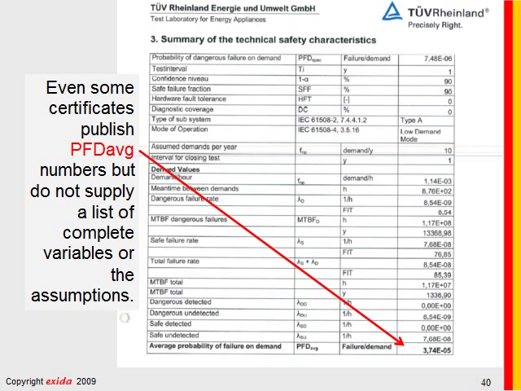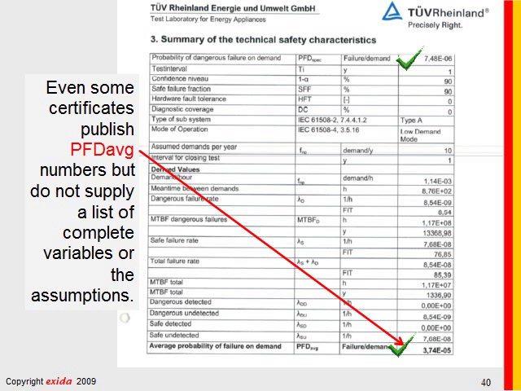It's very clear to me by looking at this that I look at the number at the top, probability of failure on demand. Then I look at the number on the bottom, average probability of failure on demand. It looks to me like that's a divide by 2. In fact, I double-checked.